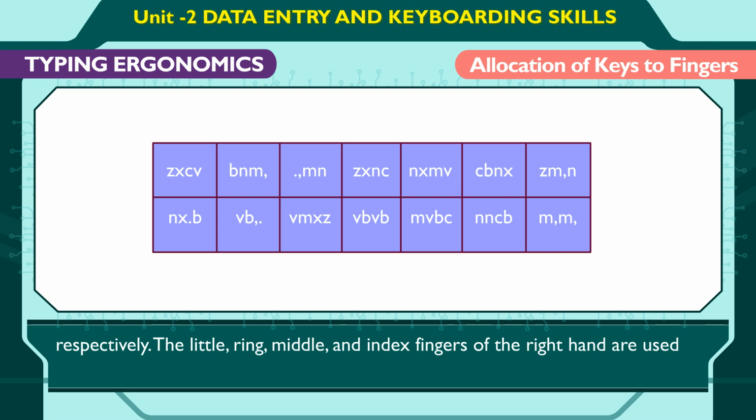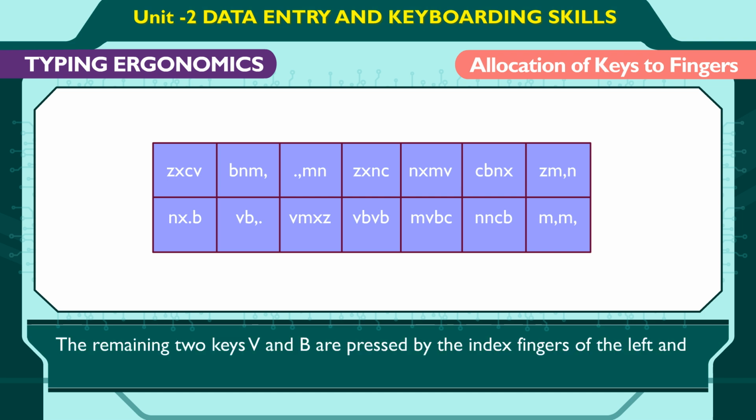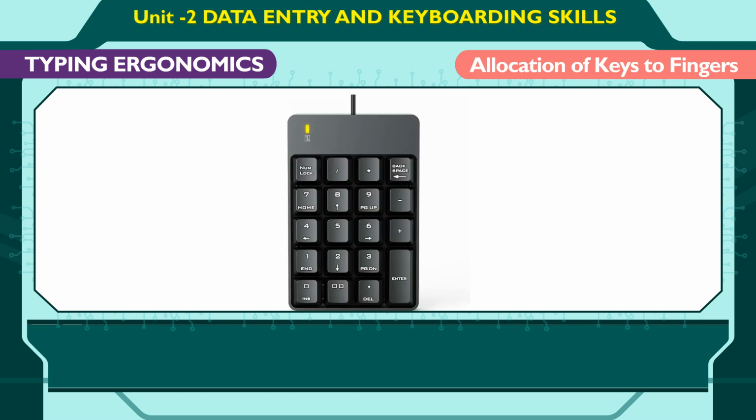The little, ring, middle and index fingers of the right hand are used to press the full stop, comma, M and N keys respectively. The remaining two keys, V and B, are pressed by the index fingers of the left and right hands respectively. Let us do some practice on the bottom row by typing the following.